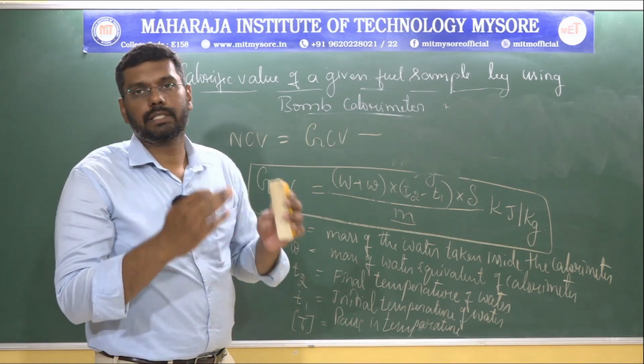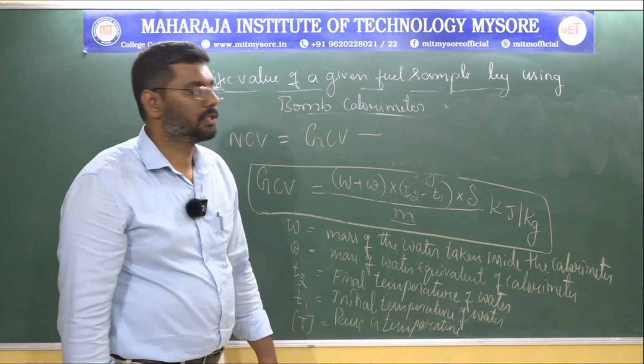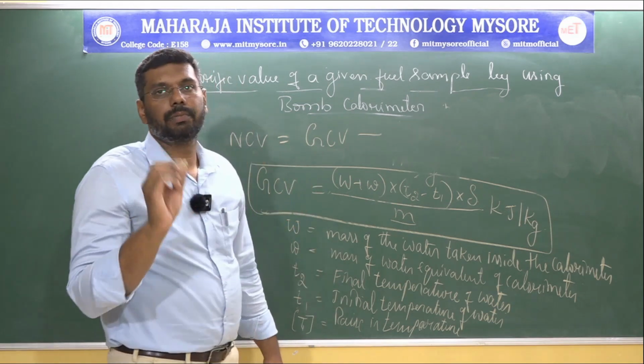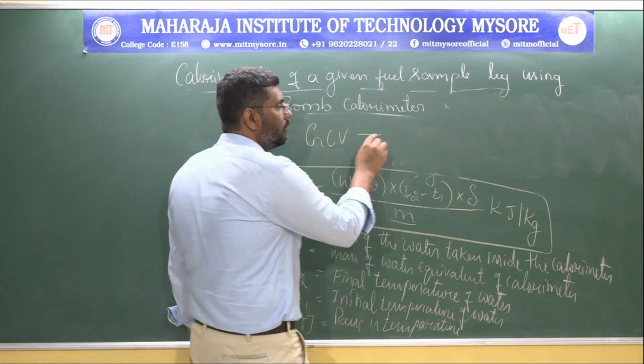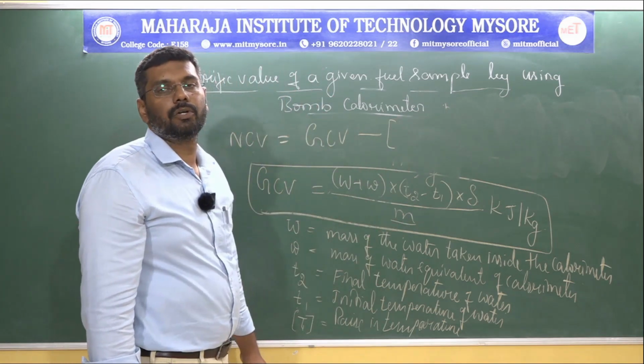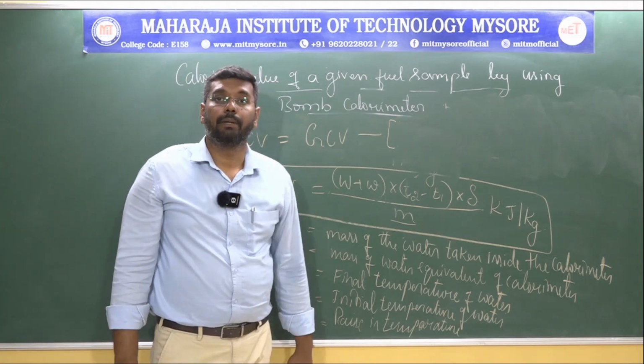They easily escape in the bomb calorimeter, and only the total amount of heat released will be considered. So that's why we have to subtract the amount of heat released by the byproducts.